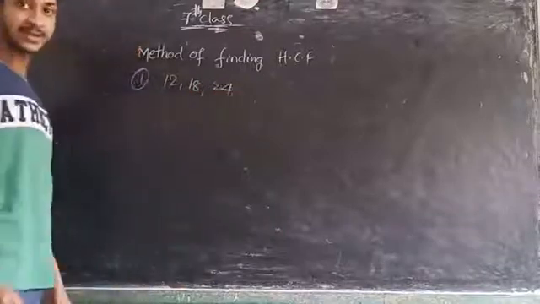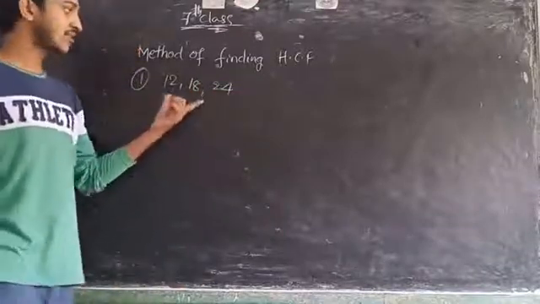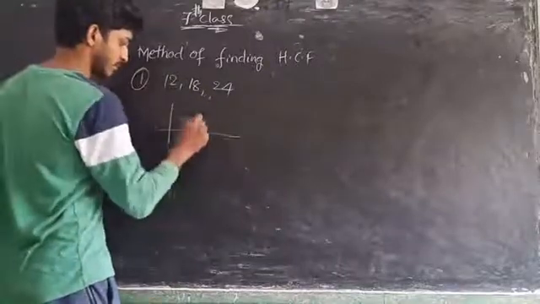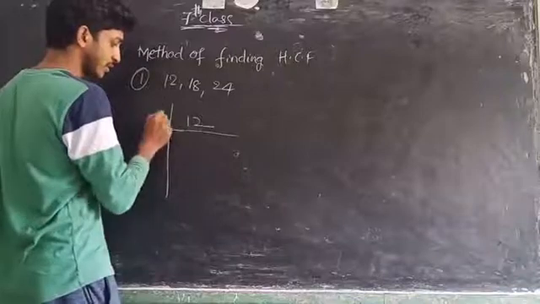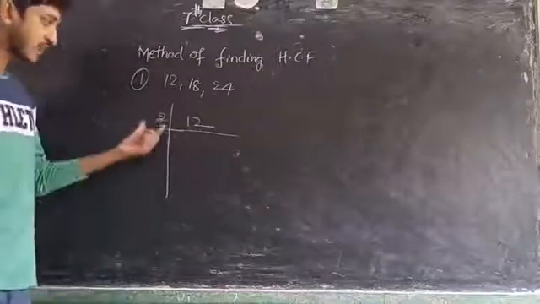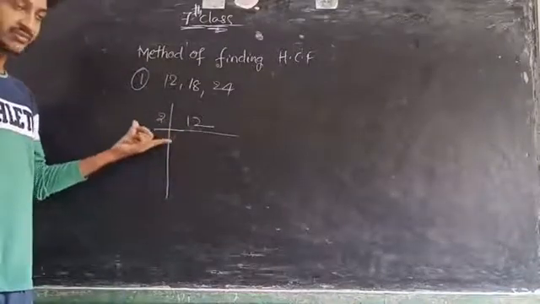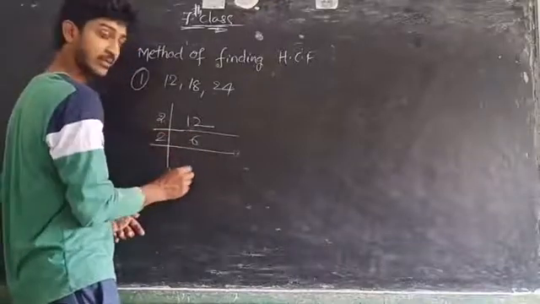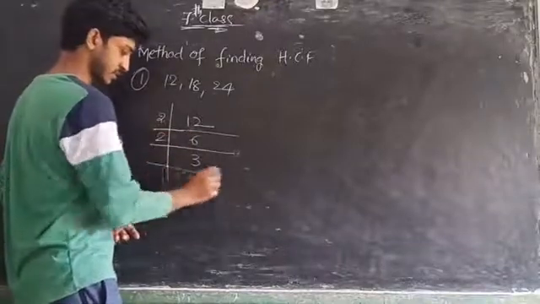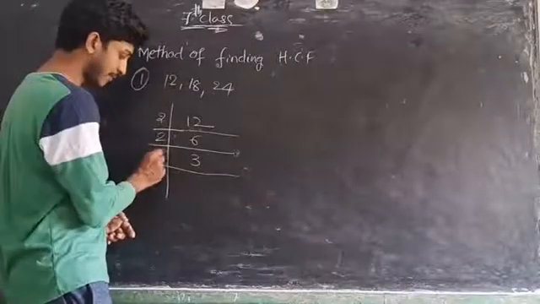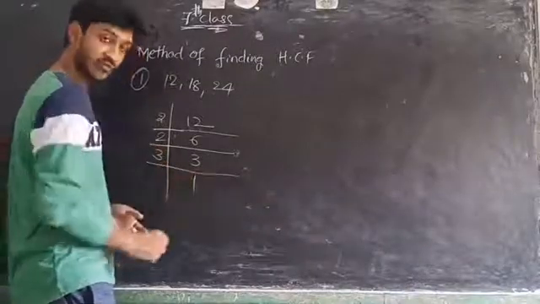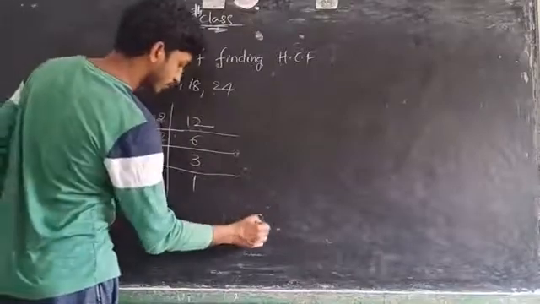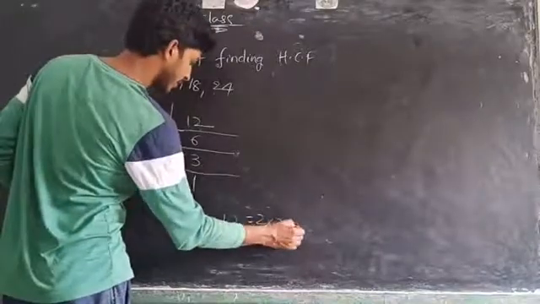Now I am finding GCD or HCF for these three numbers. See here, 12, I am taking in 2 table. First of all I am taking 2. Now I am dividing it, how many times? 6 times. Again 2 table, 3 times. In 3 I am taking 3 table, how many times? 1 time. So we can write 12 as 2 into 2 into 3.